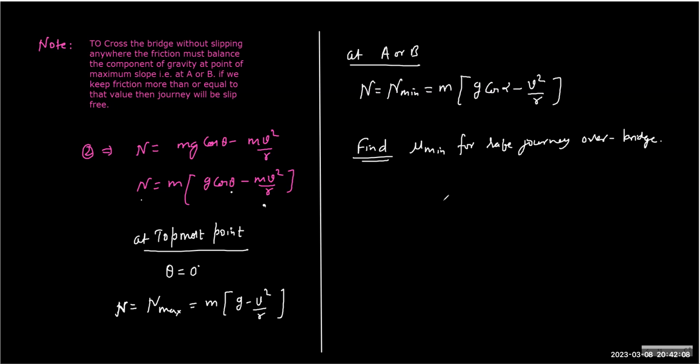So for a safe journey, what is the minimum mu which I need to have? If you remember, you need maximum friction at A or B, right? The minimum friction that we need is how much? The worst case scenario we have to deal with safely.